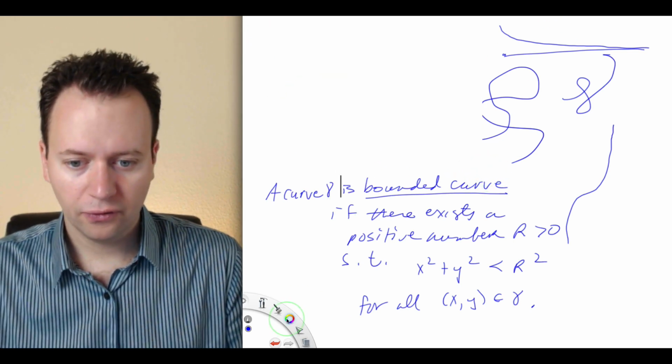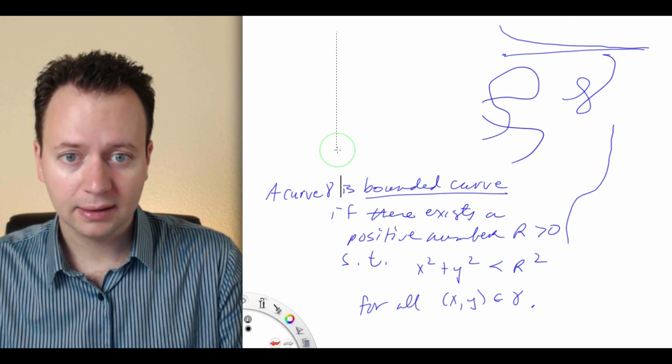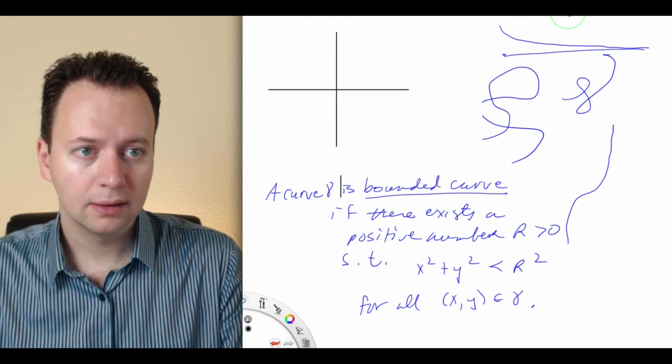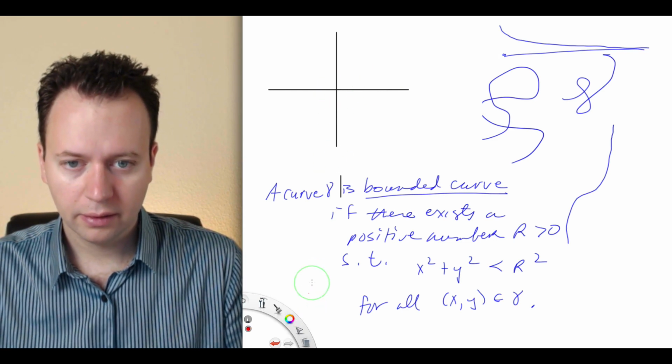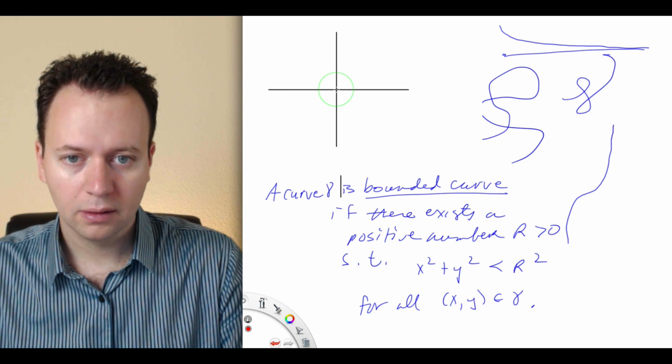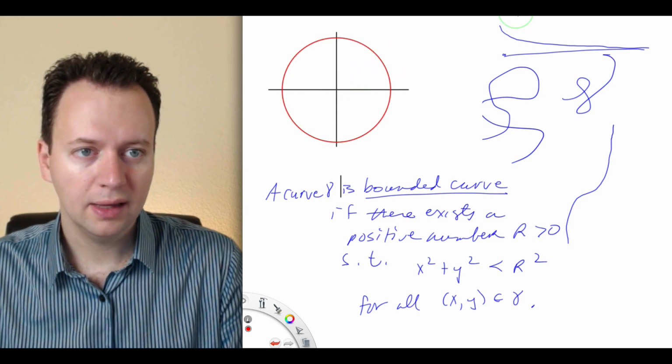Right, so if we draw coordinate axes like this, and we have some sort of circle like this.